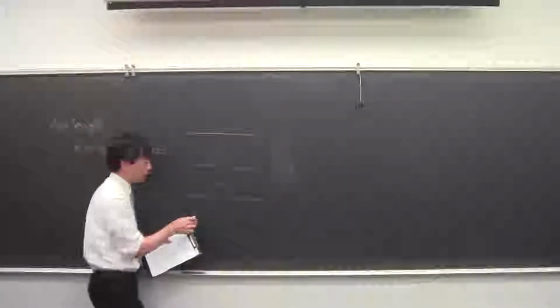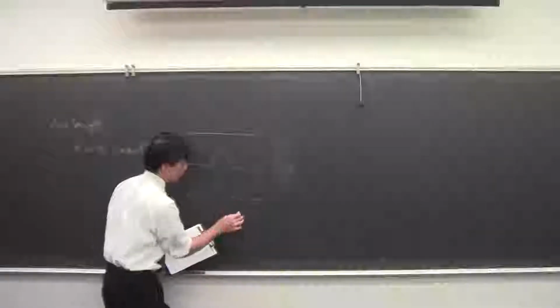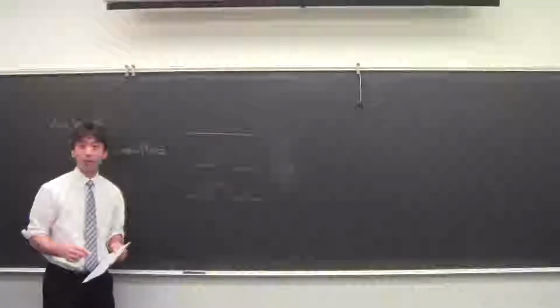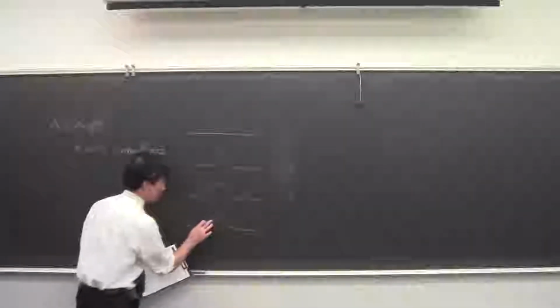So you take the first interval, you erase all the middle thirds of these intervals, and you replace them with these spikes. So that's step 3. Step 4, you do the same thing.